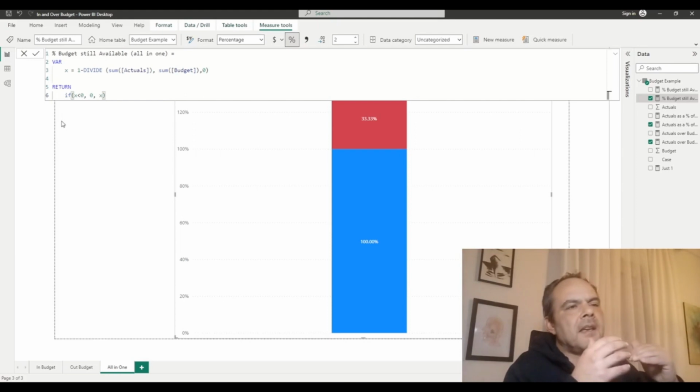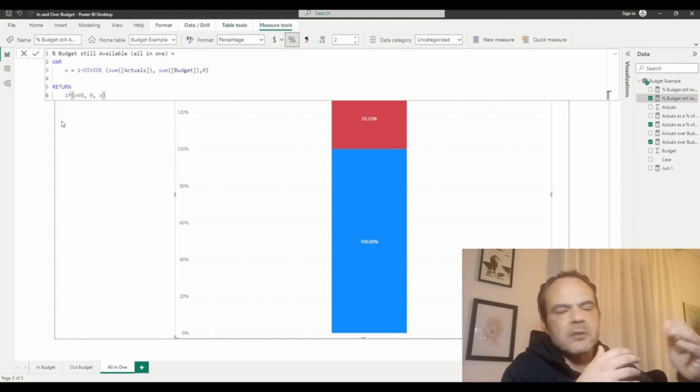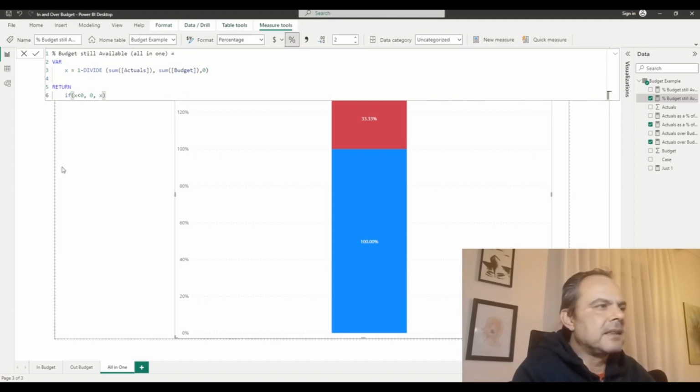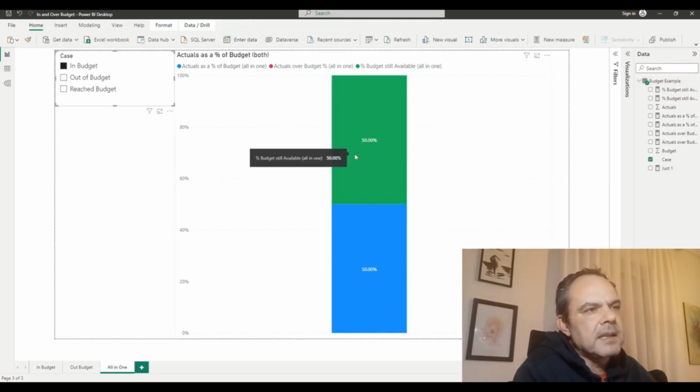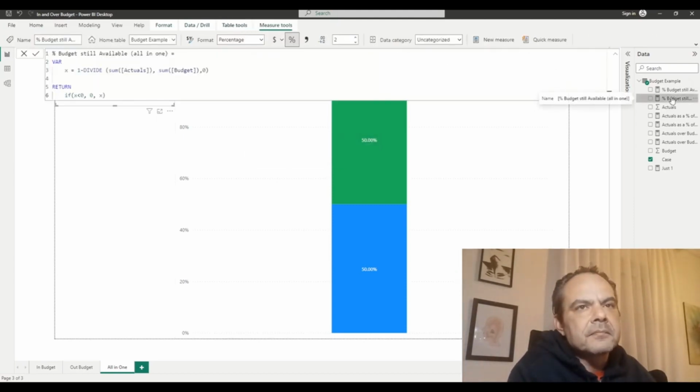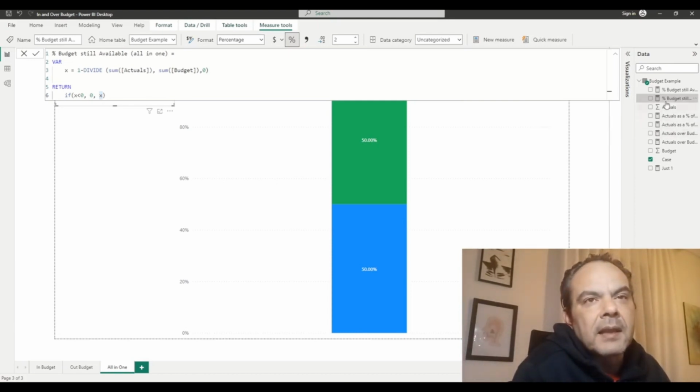So when actuals cross the budget threshold, this will stop at 0, and consequently, in the out-of-budget case, the green bar won't be visible, while in the in-budget case, where actuals are less than the budget, the budget still available percentage measure is greater than 0, and it will return the result of that remaining budget that we had before as well.